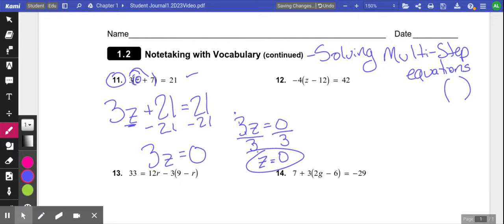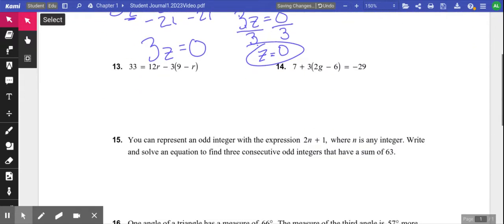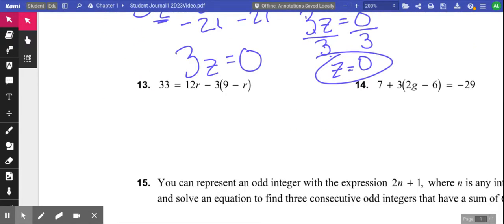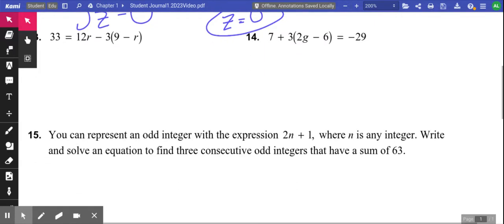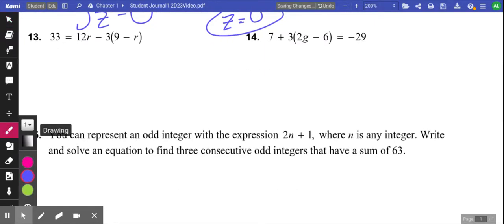All right, and then let's look over here. Let's do number 14. Give us a little bit more room. Here in number 14, we've got something similar, except we have another term here on the outside. But again, this is similar to what we did on Tuesday. First, you want to deal with this distributive property.